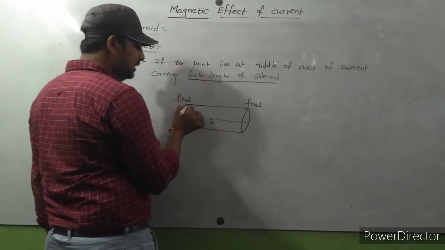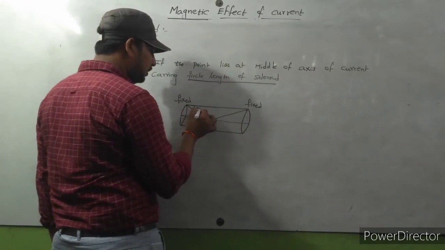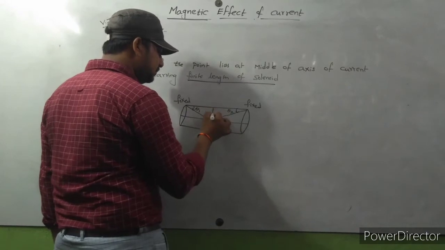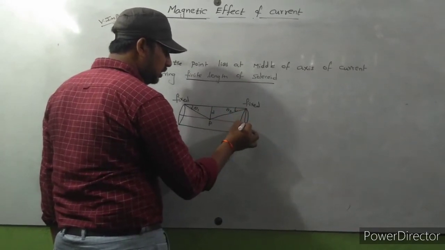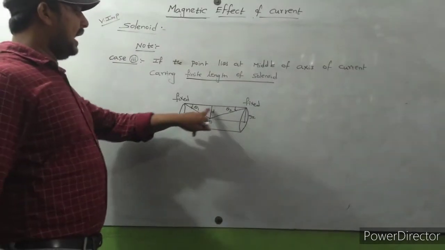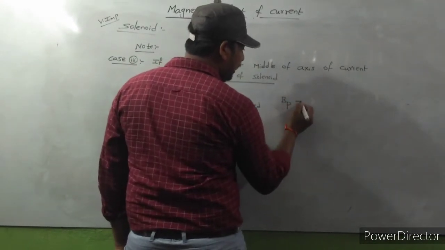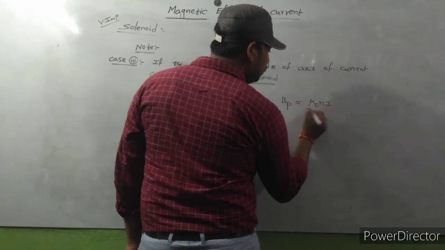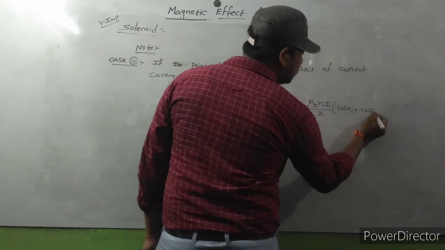If you consider the angles at the fixed ends, with perpendicular distance D and radius R, then the magnetic field at the point P is equal to mu naught n i by 2 into cos theta 1 plus cos theta 2.